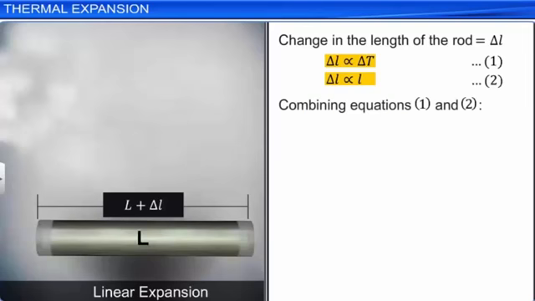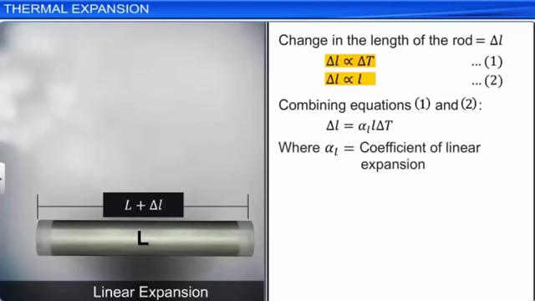Combining equations 1 and 2, we get the expression delta L equals alpha L times L delta T, where alpha L is the proportionality constant called the coefficient of linear expansion and is characteristic of the material of the rod. The fractional change in length, delta L by L, is equal to alpha L into delta T.